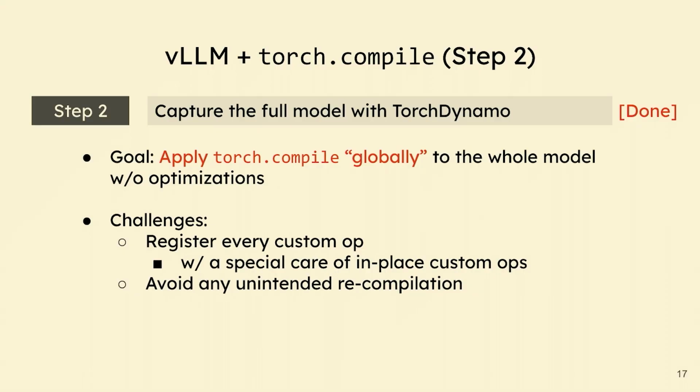However, to unlock more optimizations, we want to apply Torch Compile more broadly. So the second step is to use Torch Dynamo to capture the full model. We capture the entire model, but the challenge is that we need to register every custom operation in a way that Dynamo can process.